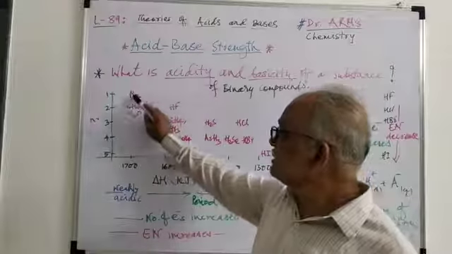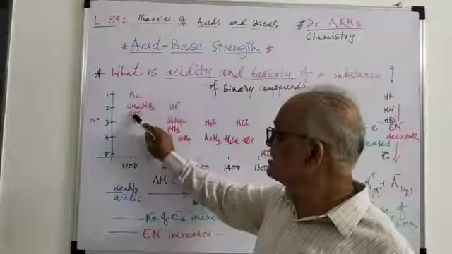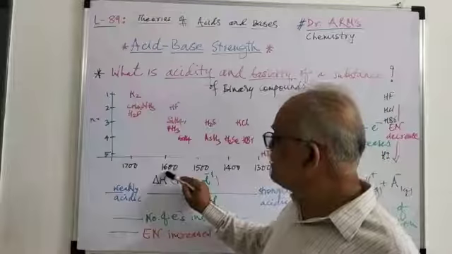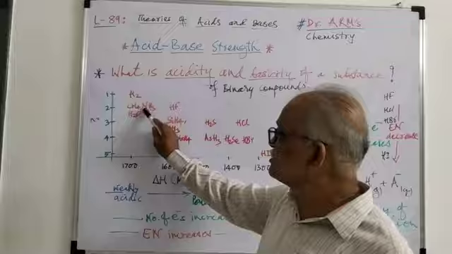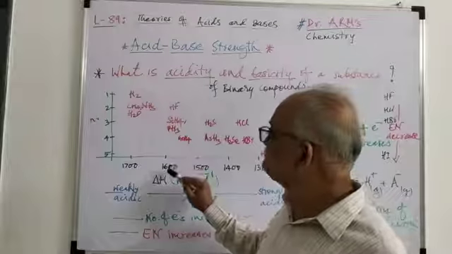HF is also a member next to oxygen here. So it has a lower value of delta H, meaning compared to these, it is a relatively stronger acid.